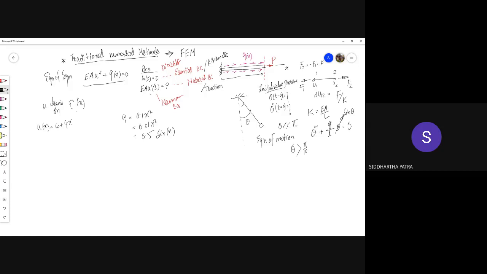All I'm trying to say here is that it's not just the closed form or analytical solution where the nature of q matters. The very functional form of q, whatever that may be, also matters when you are doing a numerical method, and you are going to get different solutions for different q's.